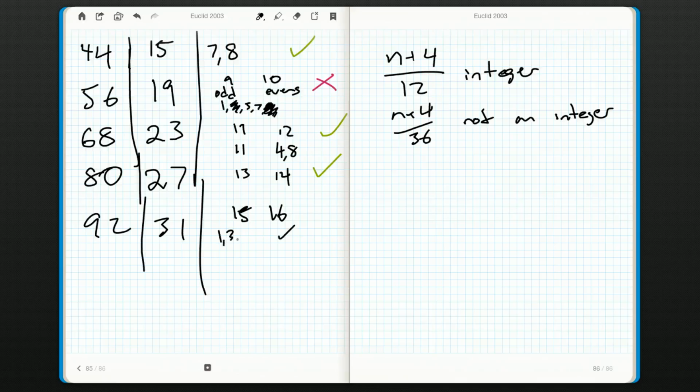Let's see. 1, 3, 5, 7, 9, 11, 13. So the 13's out because we need to at least add 2 to it. 3 and 9 are out. 5, we would need to be able to make 10. We can't. 7, we'd need to be able to make 8. We can't. This one just won't work.